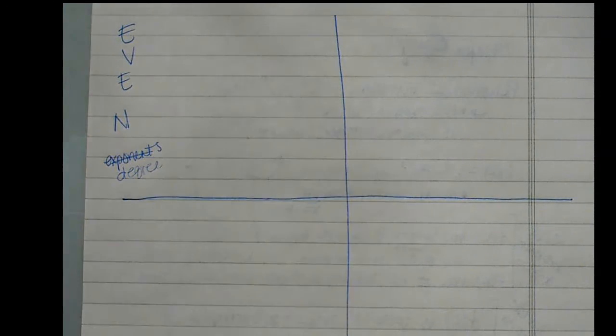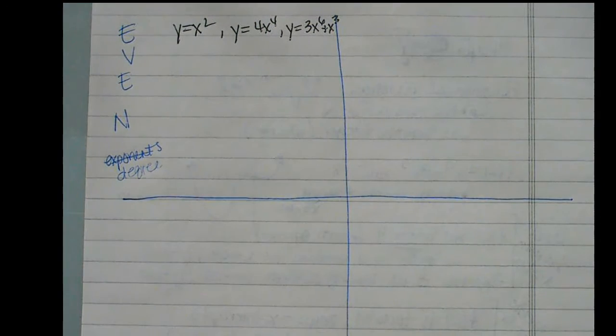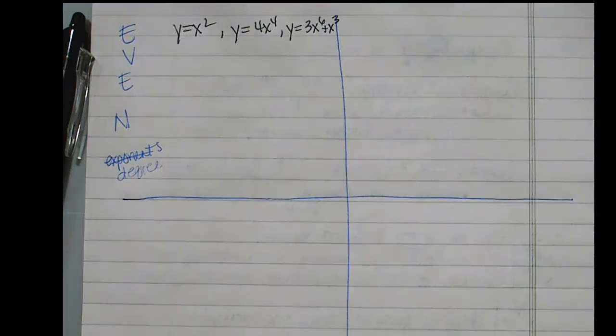My pen's dead, so that's gone. For example, y equals x squared, or y equals 4x to the 4th, or y equals 3x to the 6th plus x cubed. Those are 3 random examples. They're all going to graph differently, but they all have an even degree because the highest exponent is 2, and then 4, and then 6.